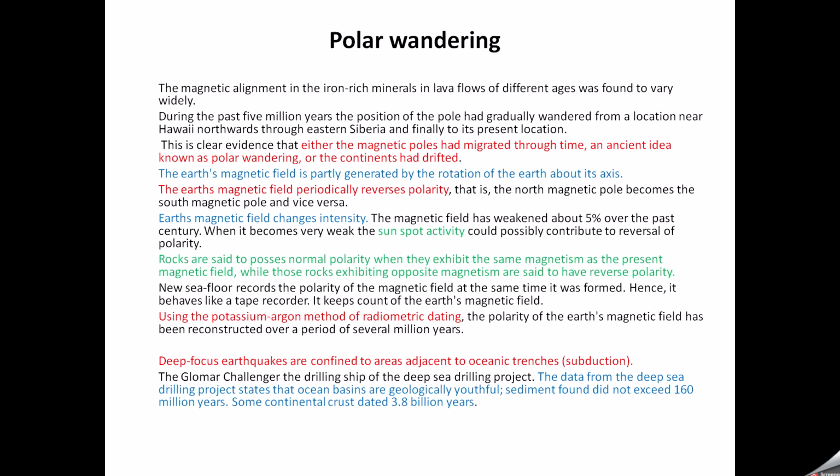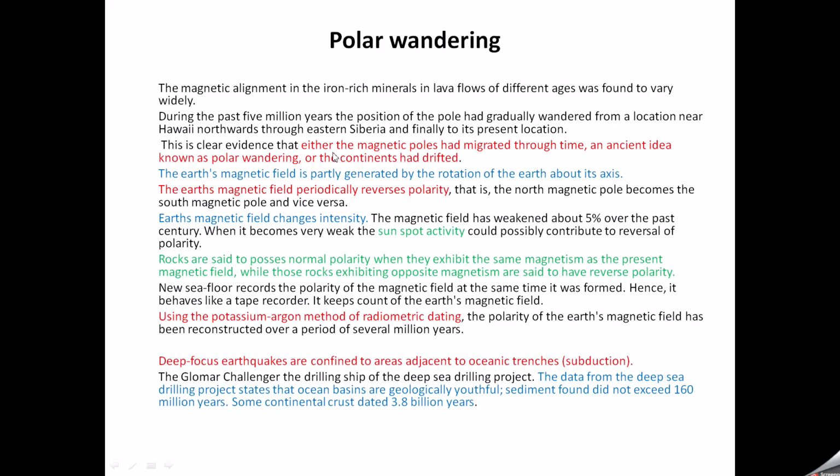And when it becomes weak, sunspot activity could possibly contribute to a reversal of polarity. So this is the polar wandering.